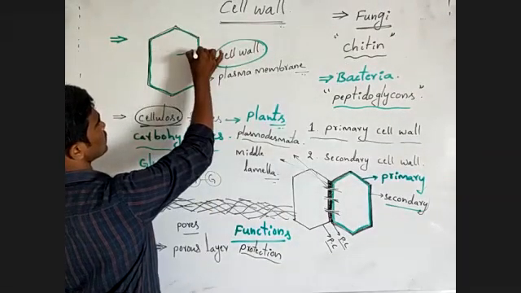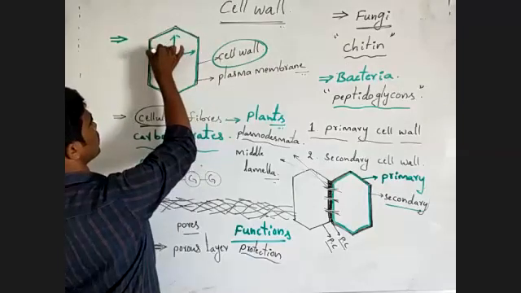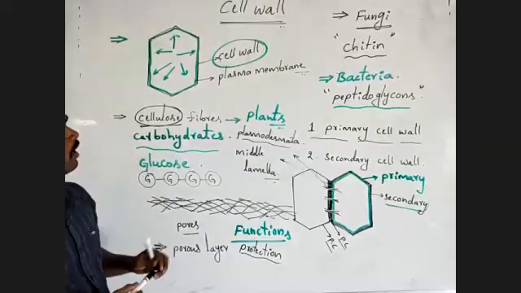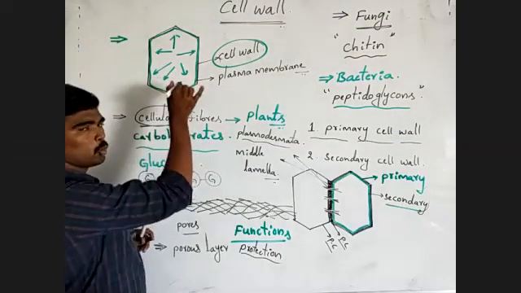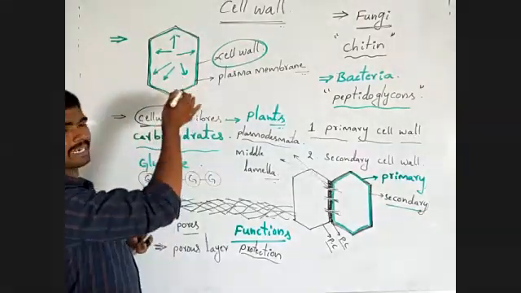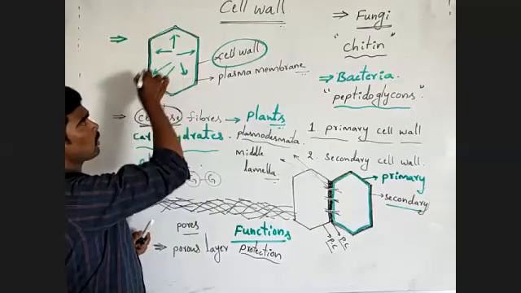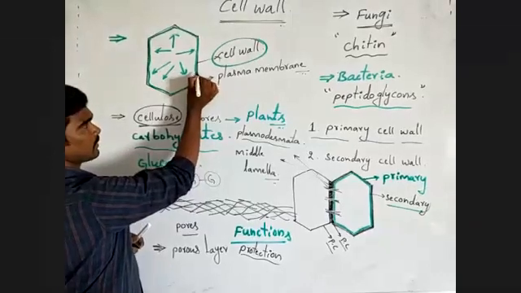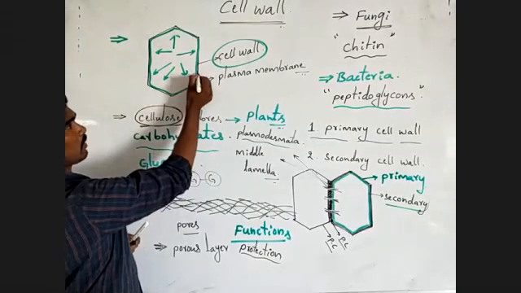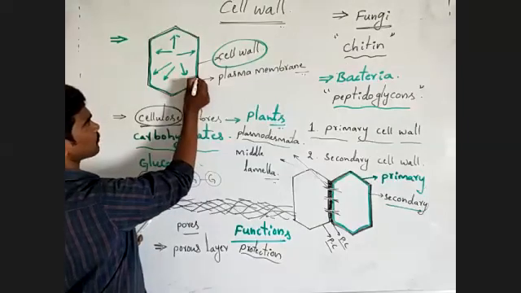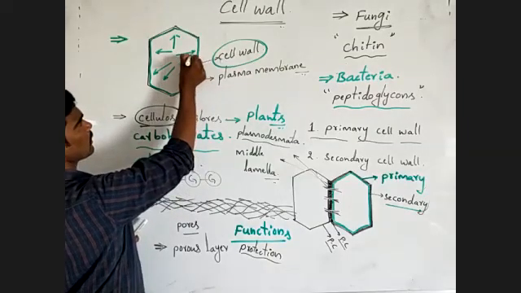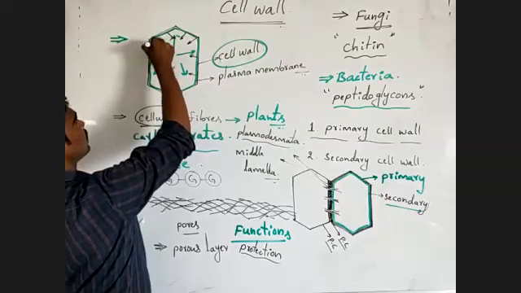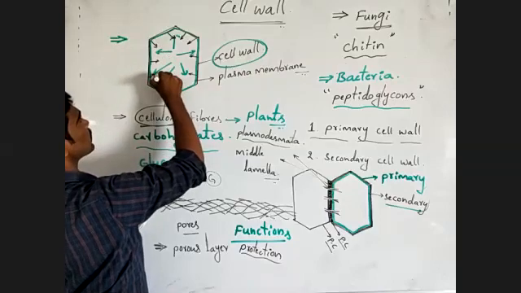Cytoplasm creates outward pressure like this, and to resist this outward pressure created by the inner content, the cell wall provides or creates inward pressure like this.